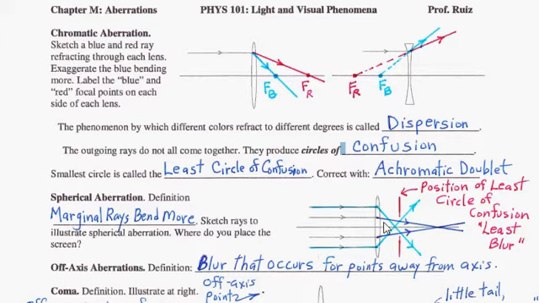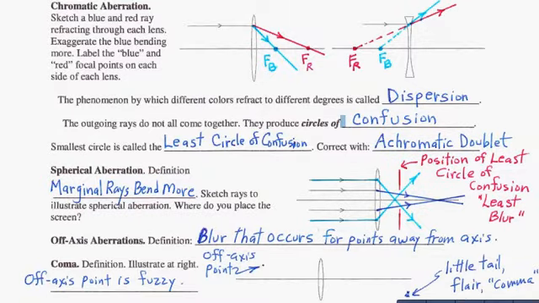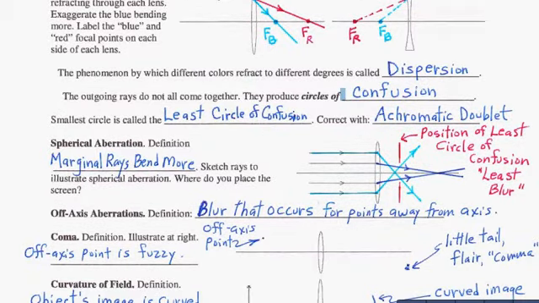In this case, you have a sharp focus for the marginal rays here, and a sharp focus for the inner rays over there. But this is the best bet, where the circle of confusion is the least. Well, that is another problem that we have to deal with in cameras and optical applications.